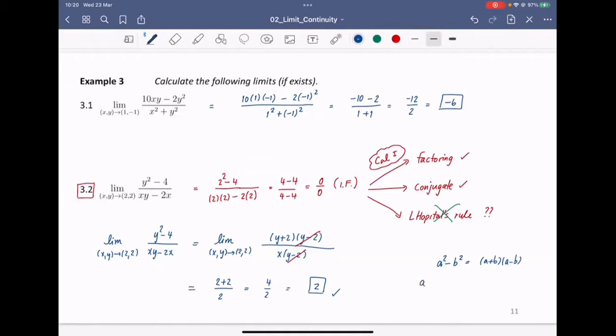And also, if you have a squared plus 2ab plus b squared, you need to know that this is (a plus b) squared. If you can factor it out, like (x minus a)(x minus b), and then you get x squared minus (a plus b)x plus ab, something like that.